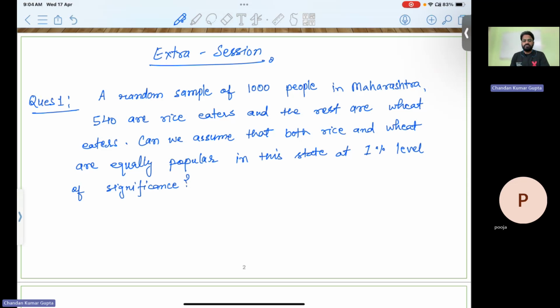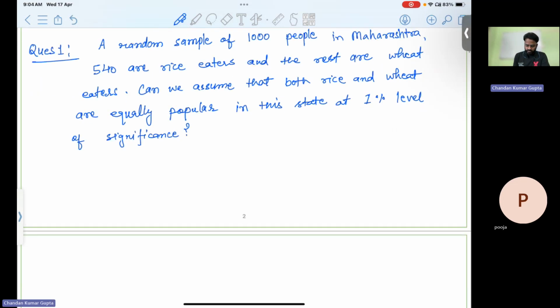Okay, so our question is: we are given 540 are rice eaters and the rest, that is 460, are wheat eaters. We need to test whether the rice and wheat eaters are equally popular at 1% level of significance. Okay, so let's solve this question.